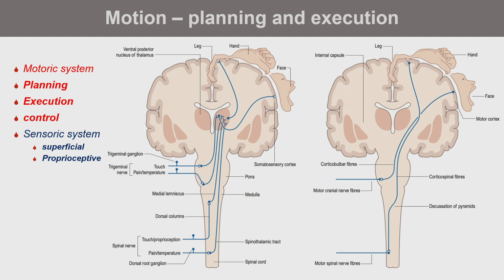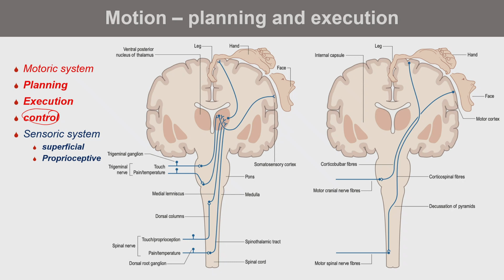And the sensory system is also important for superficial and proprioceptive information, and it is important for back information, for feedback. The control of the motor system depends on the proper tension of the muscles. So, where do we have our sensory system.